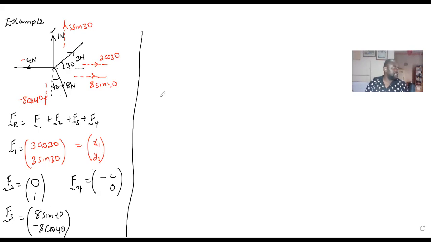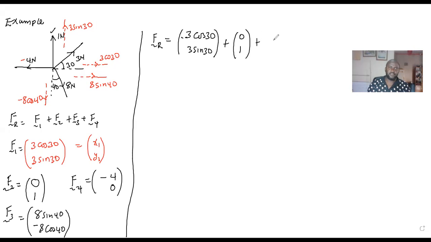When I identify the vectors, I'll now have the resultant force F going to be 3 cos 30, 3 sine 30, plus 0, 1, plus negative 4, 0, plus 8 sine 40, negative 8 cos 40.